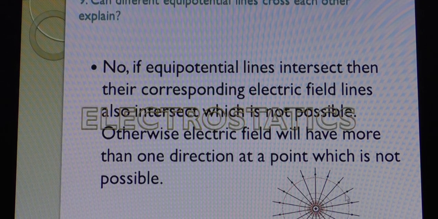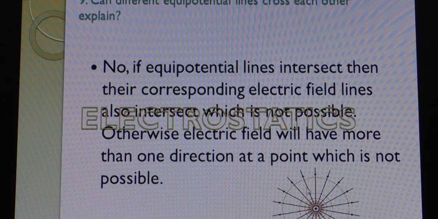At every point on the dotted portion there is equal distance, so the work done is the same. But here we have to answer whether different equipotential lines can cross each other. The answer is no. If equipotential lines intersect, then their corresponding electric lines also intersect, which is not possible.